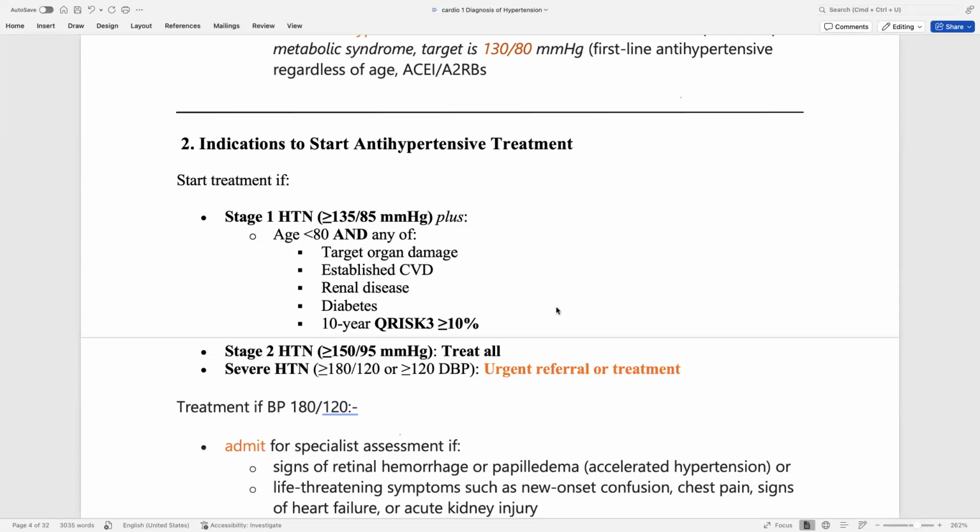Target organ damage: any patient with hypertension, whatever the level, who has target organ damage, start treatment immediately. Established cardiovascular disease, treat. A risk for cardiovascular disease in the coming 10 years of more than 10%, treat. Renal disease, treat. Diabetes, treat.